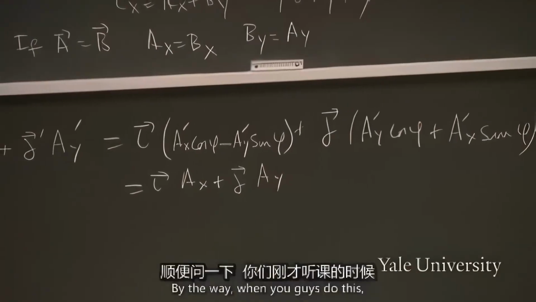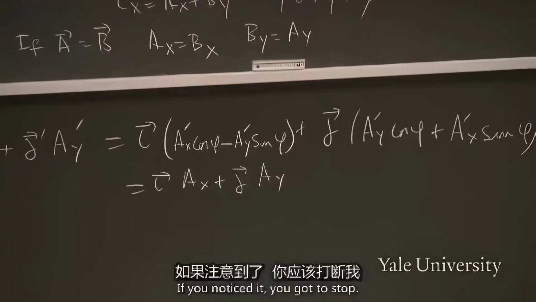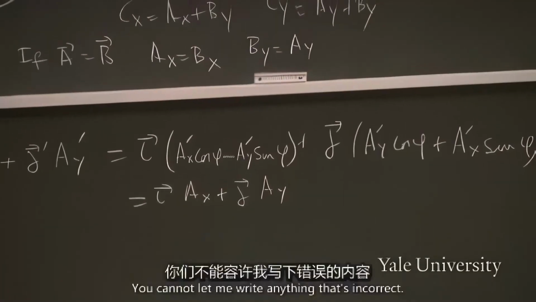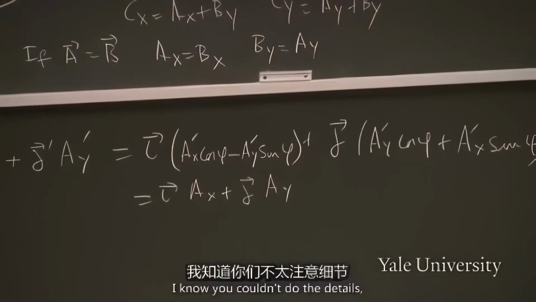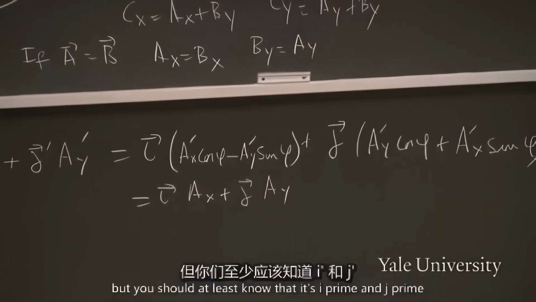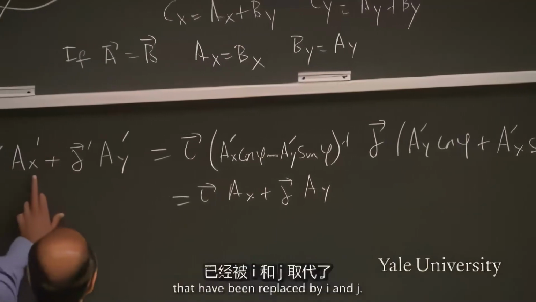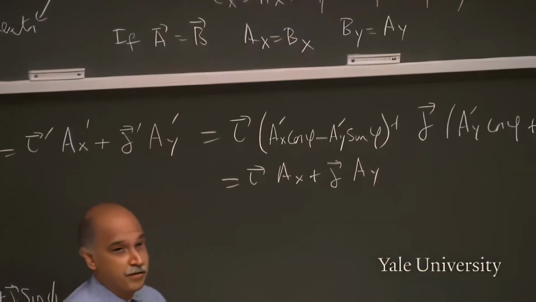By the way, when you guys do this, did anybody notice it's a prime? If you noticed it, you've got to stop me. You cannot let me write anything that's incorrect. So you've got to follow it in some detail. I know you couldn't do the details, but you should at least know there is i prime and j prime that have been replaced by i and j, but ax prime and ay prime will continue to be the coefficients.